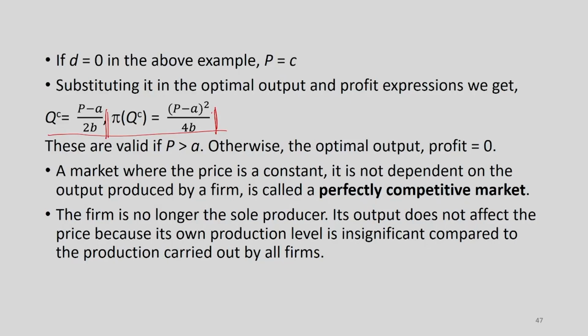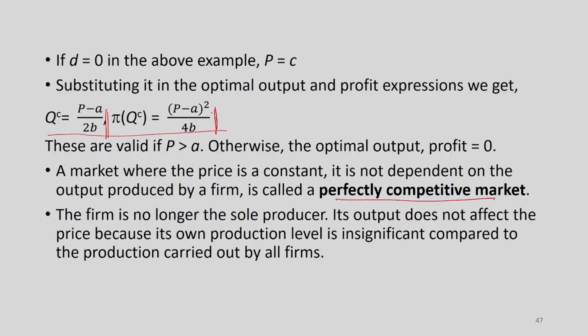And since there are close to infinite number of firms, any individual firm's ability to influence the market price is nil. So, it can produce more output, it can produce less output, but that is not going to affect the market price. Market price is given at small c. So, this kind of market is called a perfectly competitive market. Its output does not affect the price because its own production level is insignificant compared to the production carried out by all firms. That is why I use the notation q c. c stands for competition.